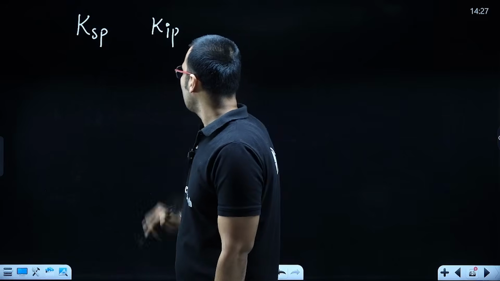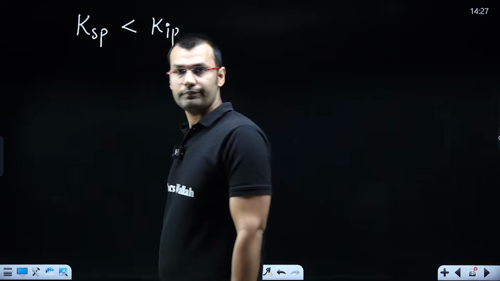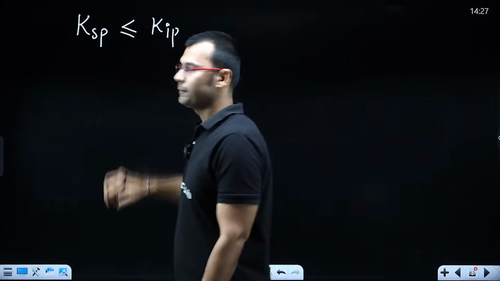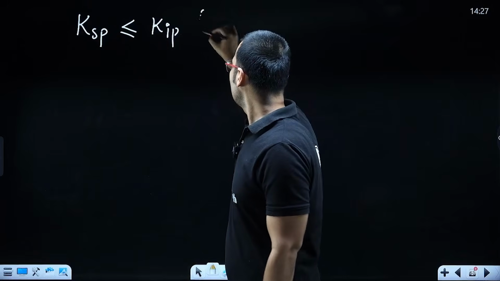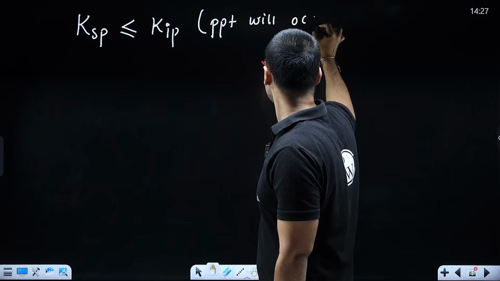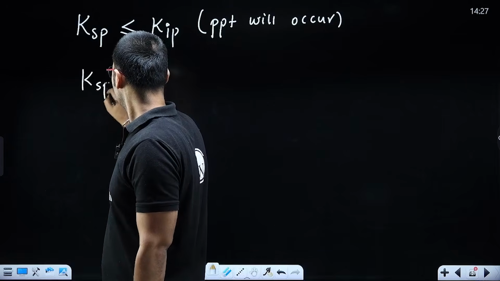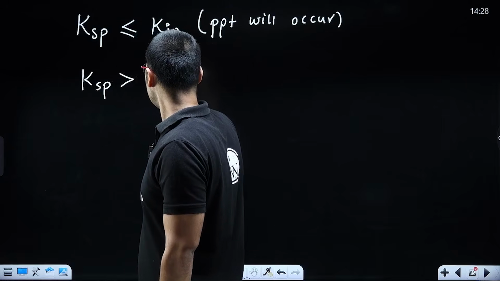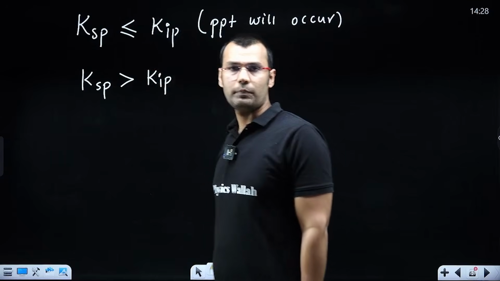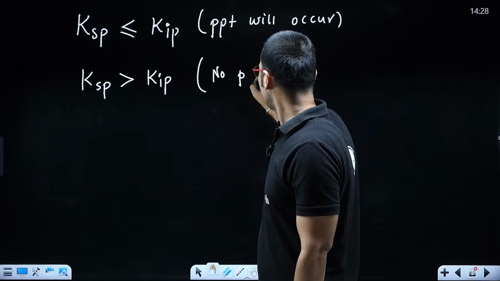Once you calculate KIP, if it is greater than or equal to KSP, then precipitation will occur. But if your KIP is smaller than KSP, then no precipitation will happen.